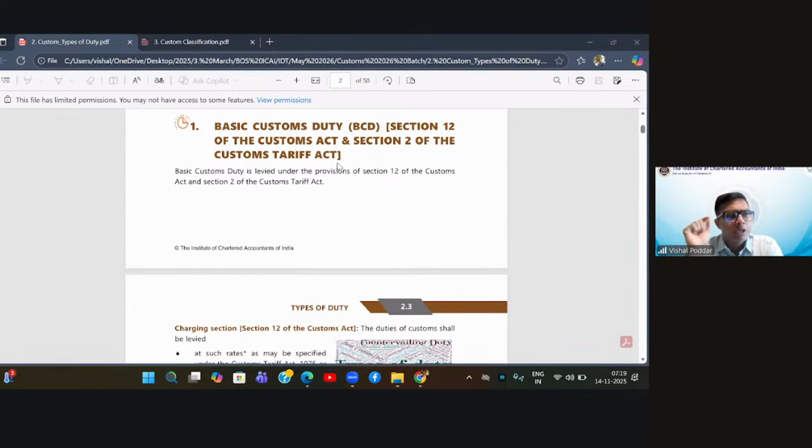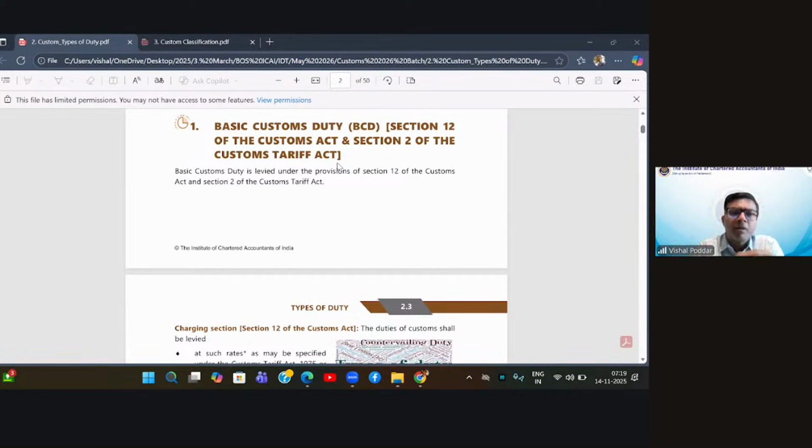It said that duties of customs shall be levied on import and export at the rates which are specified in the Customs Tariff Act. So section 12 of the parent act has asked you to come to the Customs Tariff Act for the purpose of checking the rates. That is how Customs Act brings you to the Customs Tariff Act.